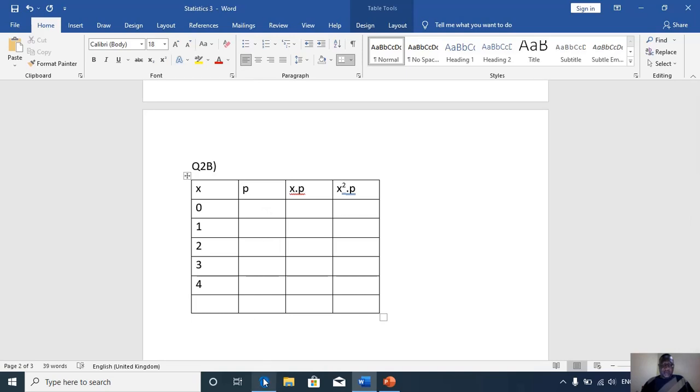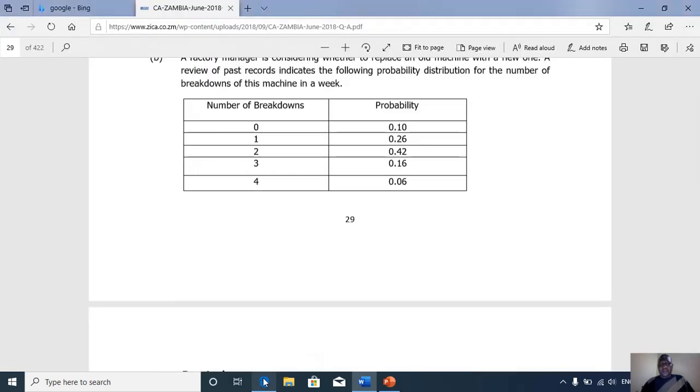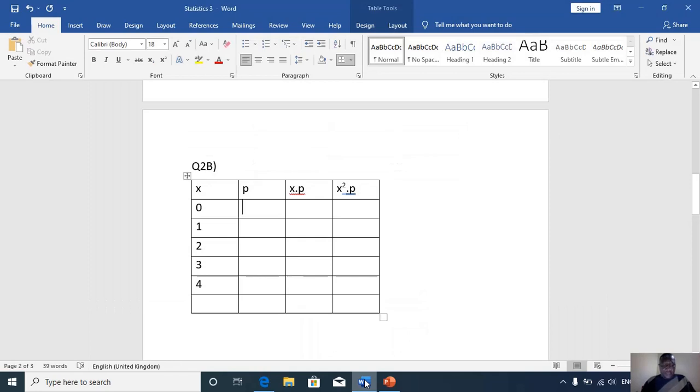Probabilities, we get the probabilities also from the question. 0.10, 0.26, 0.42, so we list them there. So we have 0.10. The next one is 0.26.